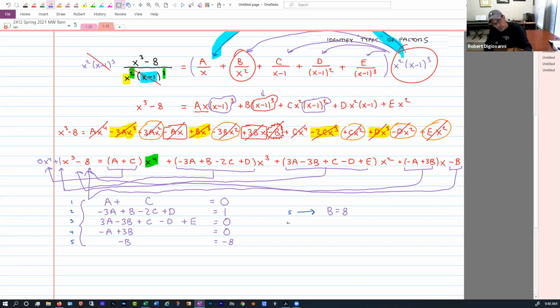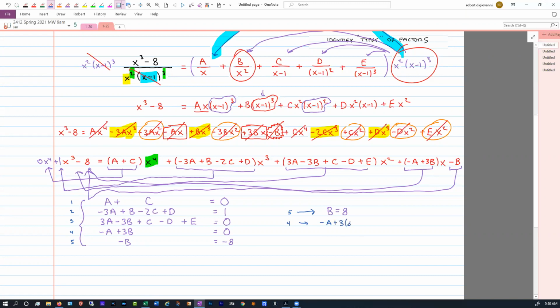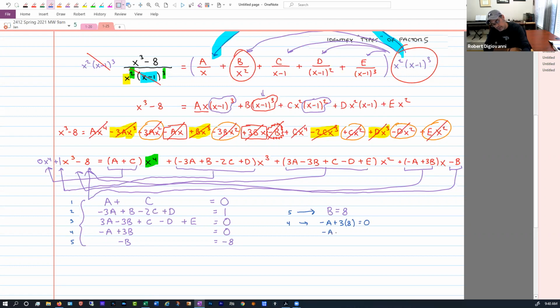The fourth equation tells us that negative A plus 3 times B, but don't we know B is 8? Yeah. Okay, so 3 times 8 must be 0. And 3 times 8, I believe, is 24. Now you can either move the A to the other side or subtract 24 and then divide by negative 1, but we should all be able to get that A is 24.